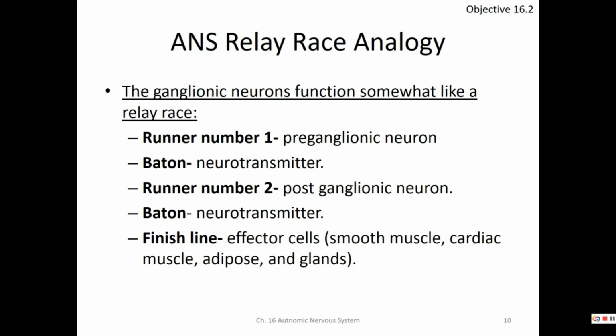Okay. As many times as I've said this, you might be expecting me to ask you the four effector cells of the autonomic nervous system, and you would be right. You're probably guaranteed to see that in the future. It's a big thing, because in pharmacology lots of drugs affect these. If they affect smooth muscles, they can affect the heart, for example. They can affect glands, things like that.